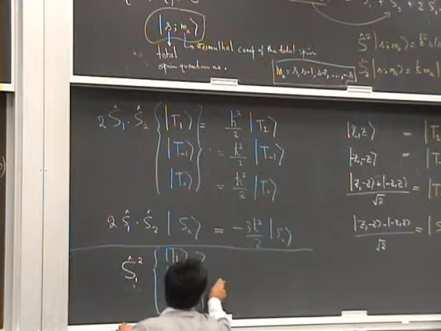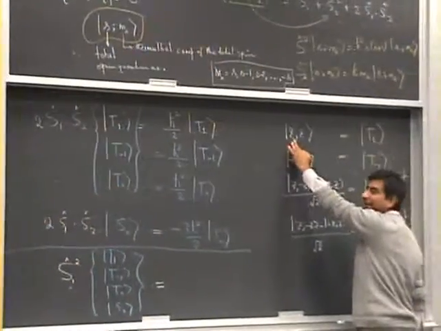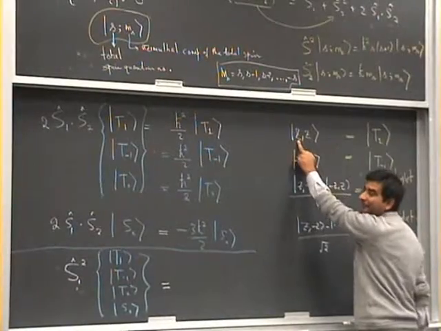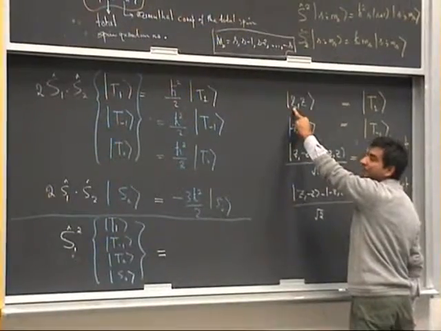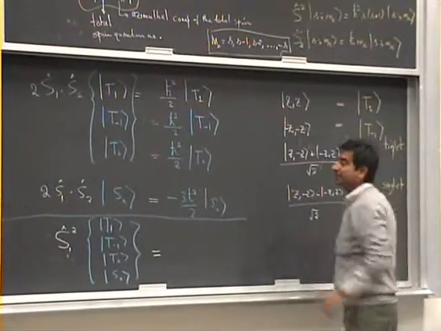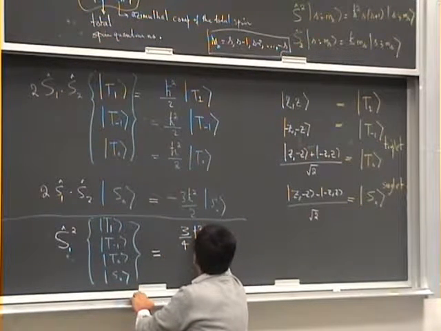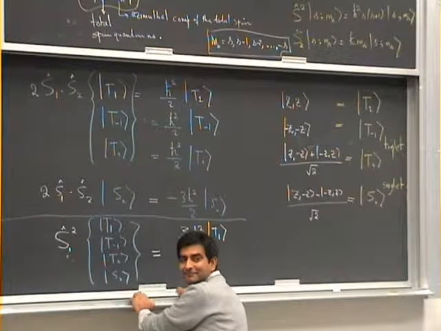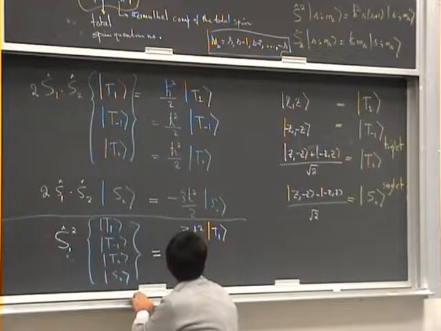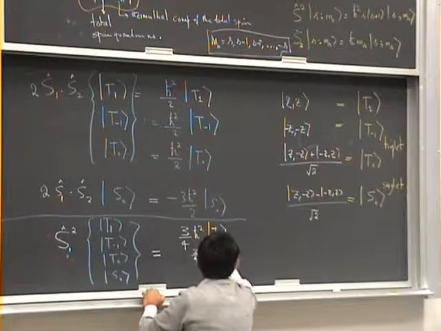When S1 squared acts on this state, I get h bar squared, s is half, half plus 1 is 3 by 2, 3 by 2 into 1 half, 3 by 4 h bar squared. So I get 3 by 4 h bar squared T1. For this I get 3 by 4 h bar squared T minus 1.